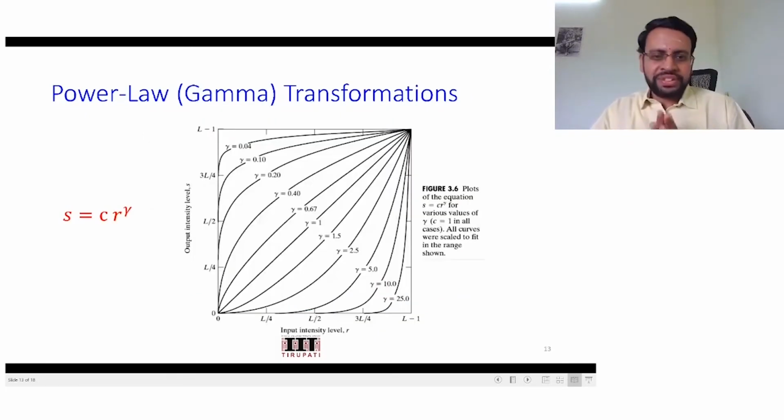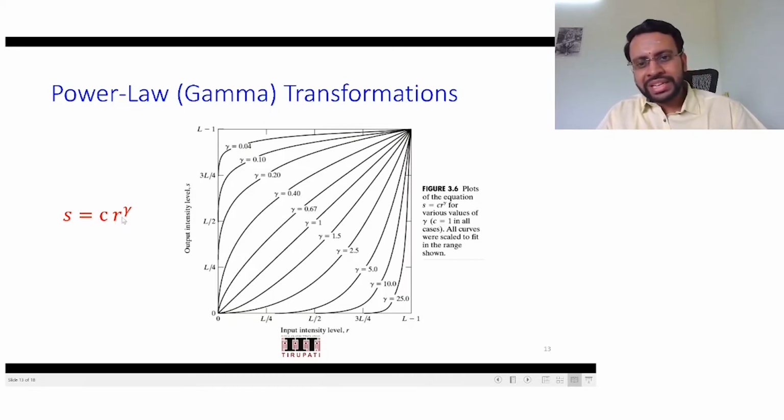Another set of very widely used transforms is gamma transformations. This is also referred to as power law transforms. The equation for this transform is as seen here. R is your input intensity.